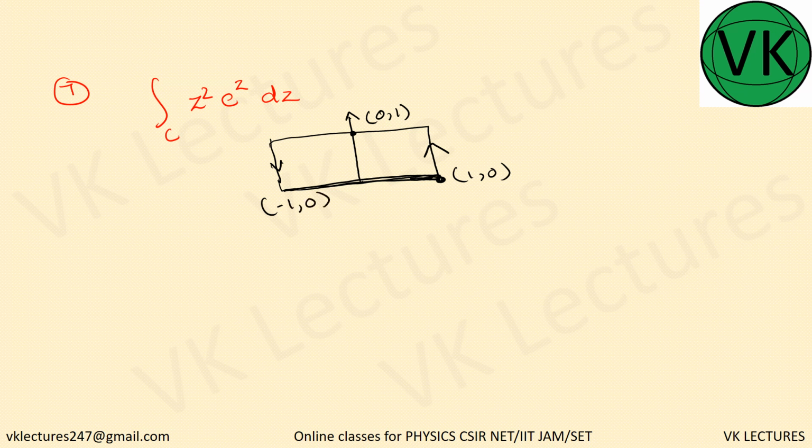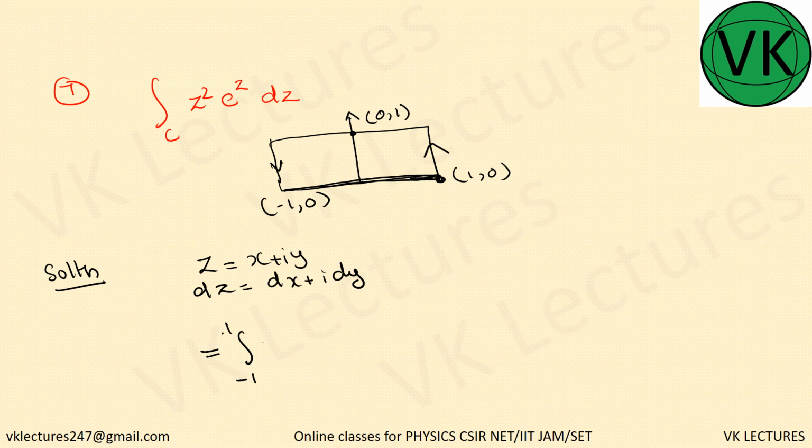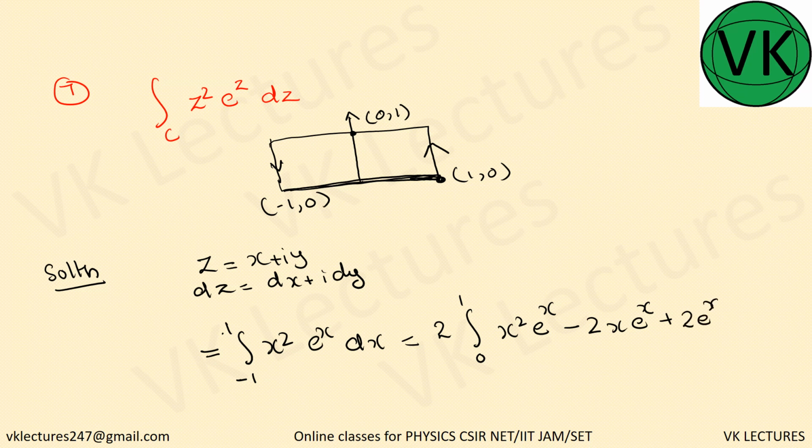So solution of this is, since z is equal to x plus iy, dz is equal to dx plus i dy, so it's equal to integral from minus 1 to 1 of x square e raised to x dx, which is equal to 2 into integral from 0 to 1 of x square e raised to x minus 2x e raised to x plus 2 e raised to x.